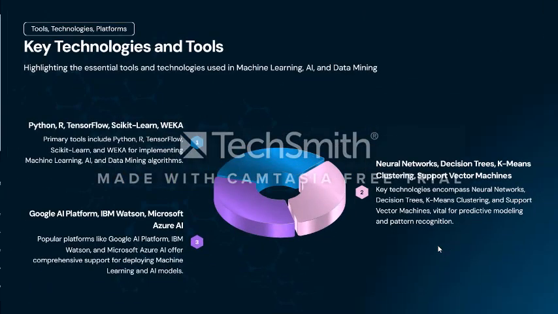Now, let's move towards the technologies. Which technologies are being used for machine learning and AI? When we talk about the programming languages and the tools, the mostly used programming language for machine learning algorithms is Python.